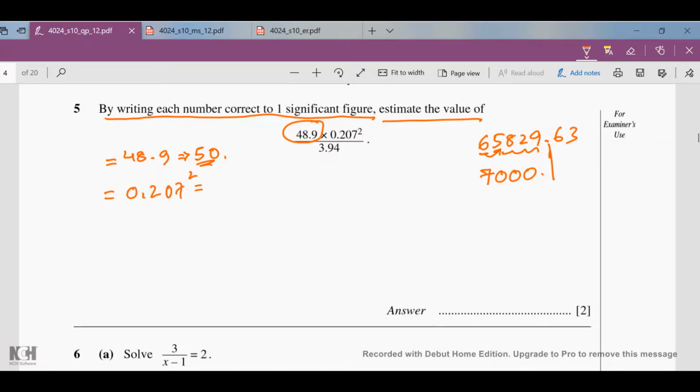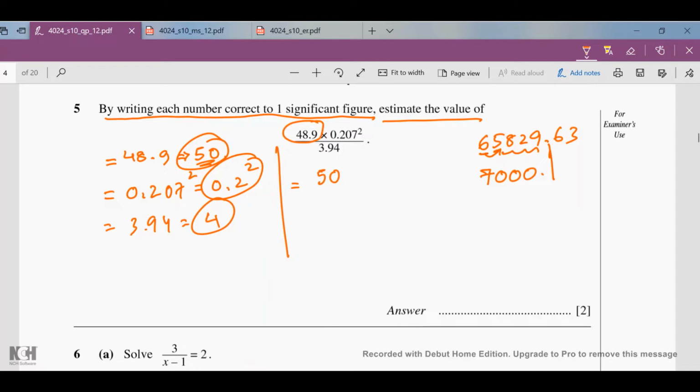0.207 square will become 0.2 square. And 3.94 will become only 4. So now writing all these values, 50 first, written in one significant figure, and this is 4. 50 multiplied by 0.2 squared, I can write 2 times 2, then 4. Now a simple calculation I'm doing.